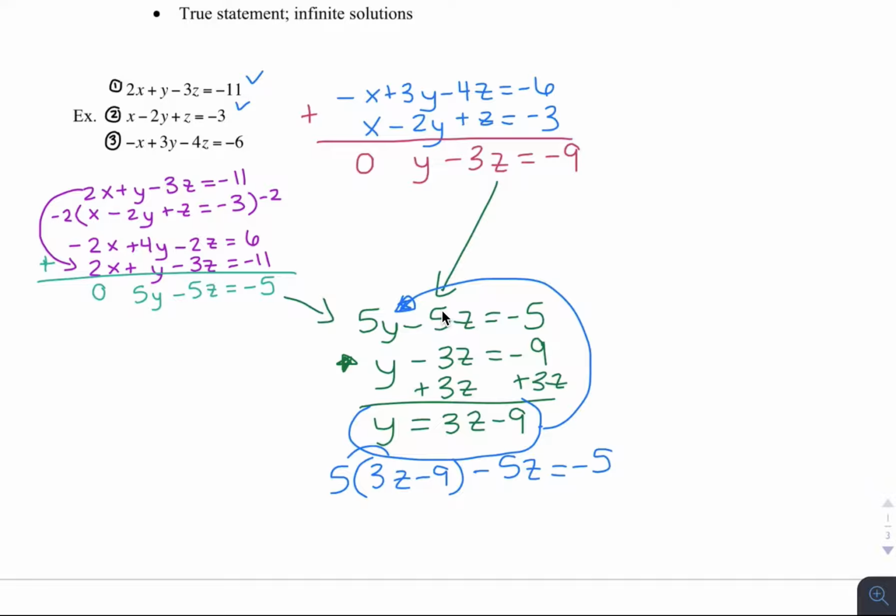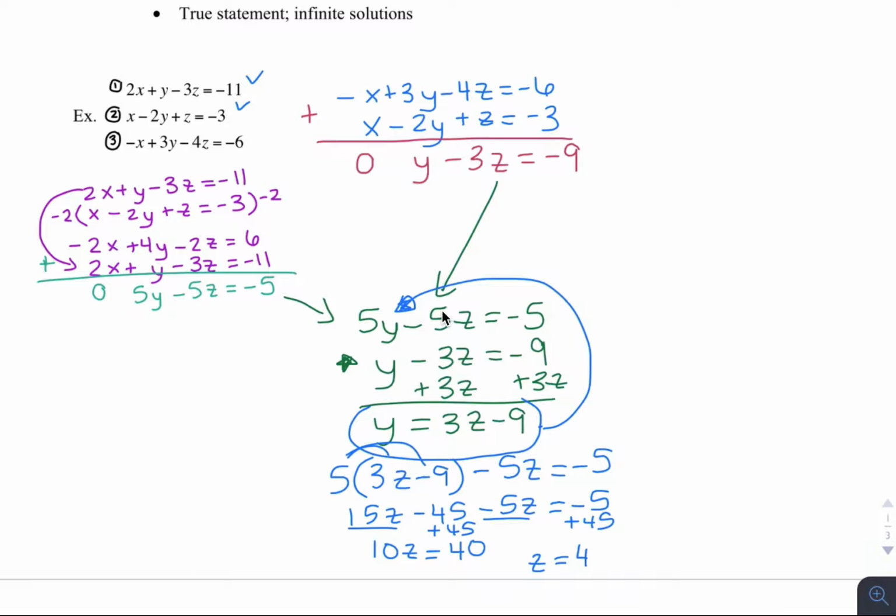So we'll go ahead and distribute and get 15z minus 45 minus 5z equals negative 5. Combine your like terms. We get 10z, and we're going to add our 45 to both sides. We have 10z equals negative 5 and 45 gives me 40. So z equals 4.